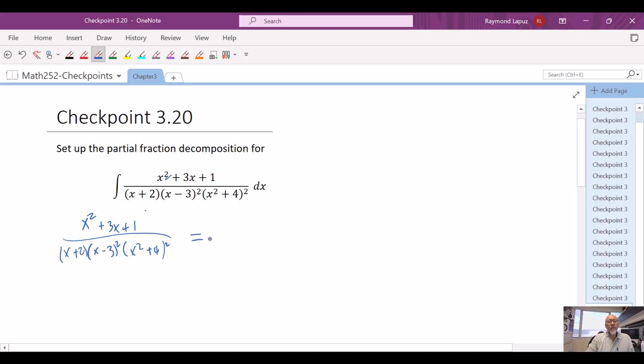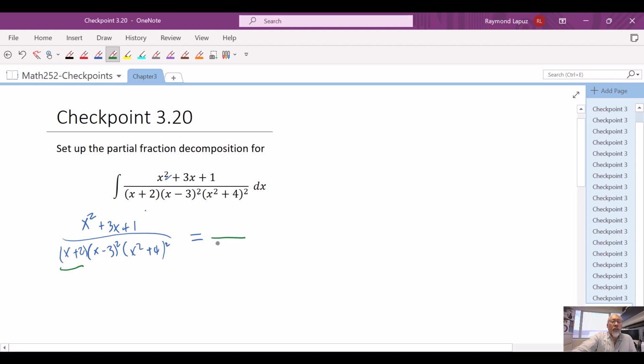Now if we take this piece by piece, by the way, everything's factored in the denominator. That's great because we don't have to do it ourselves. And now that everything's factored in the denominator, we'll take it factor by factor and create the terms that we need for the decomposition.